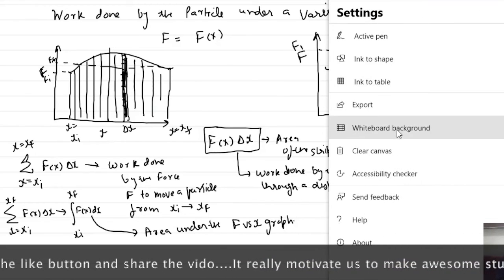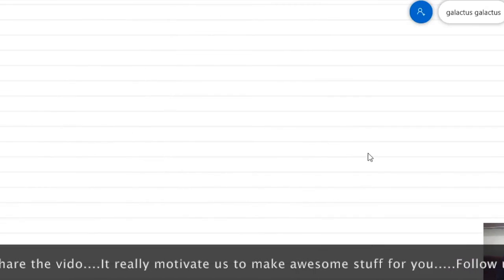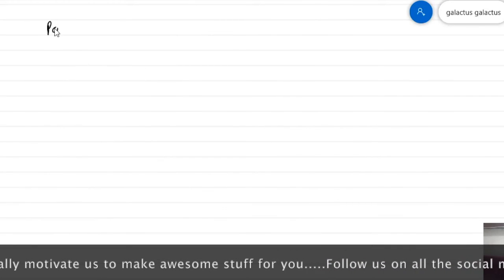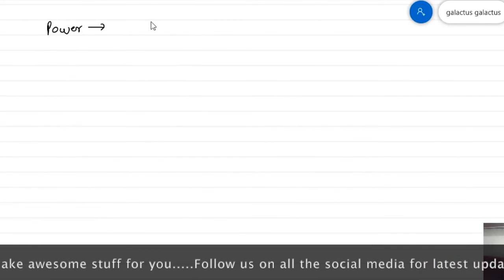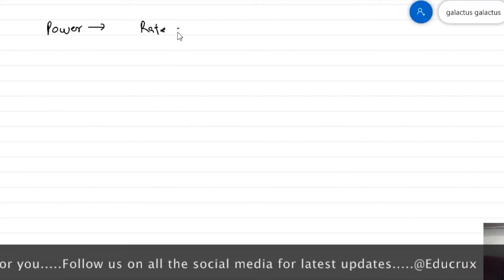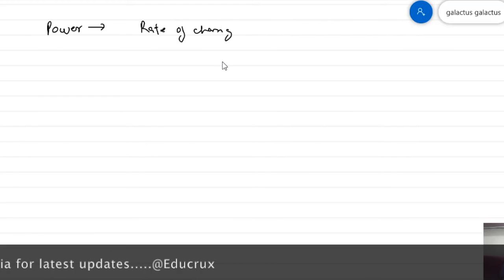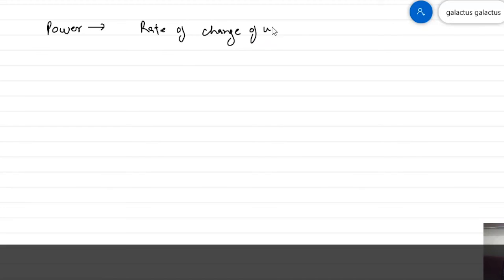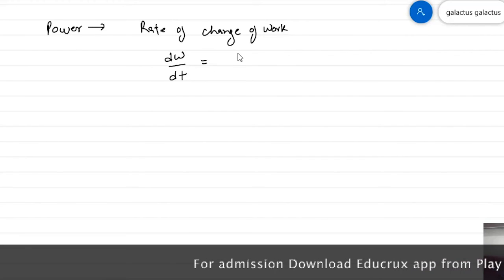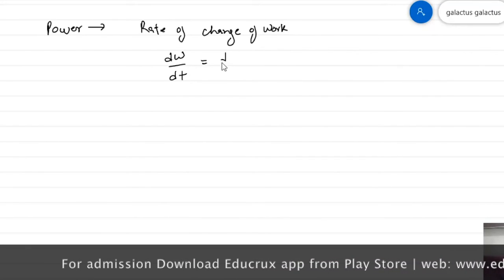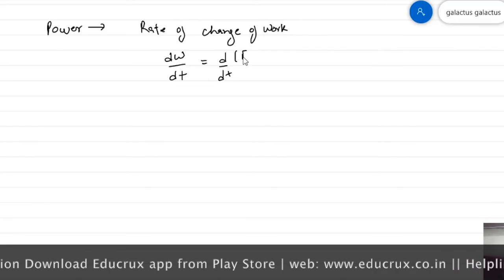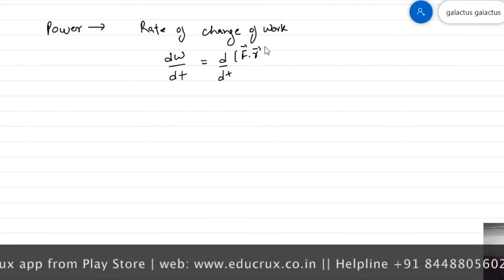But let us now first discuss power. Power is defined as the rate of change of work, that is dW by dt. And let's say I define my work done as F dot r vector.